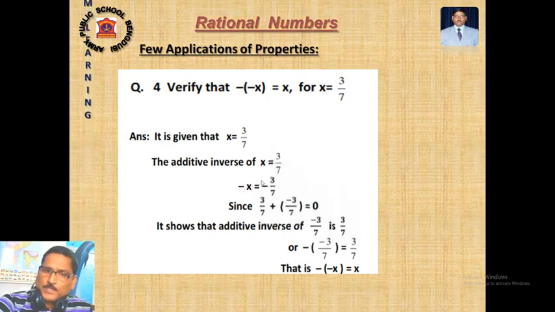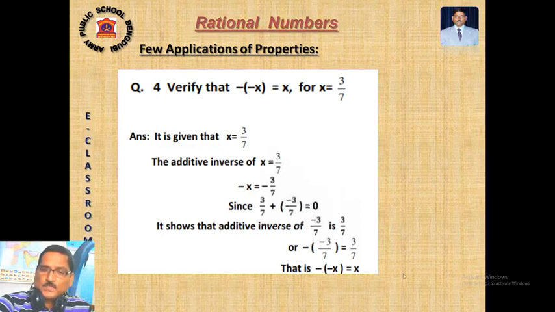Minus 3 by 7 is the additive inverse of 3 by 7, since 3 by 7 and minus 3 by 7 after adding give 0. Now if I find the negative of minus 3 by 7, it will be positive. That's why we can say the negative of a negative rational number is positive.